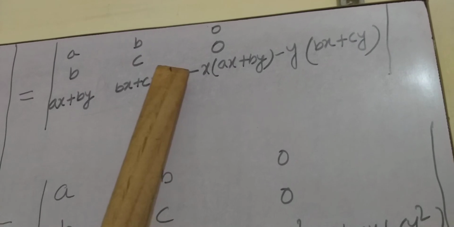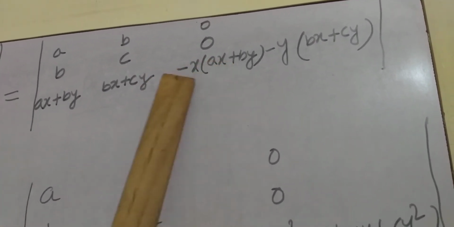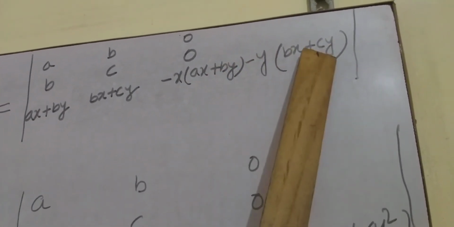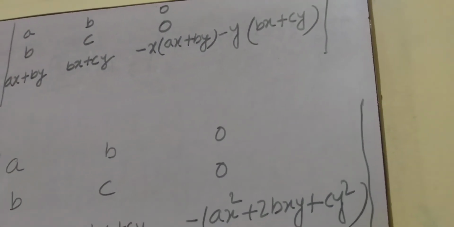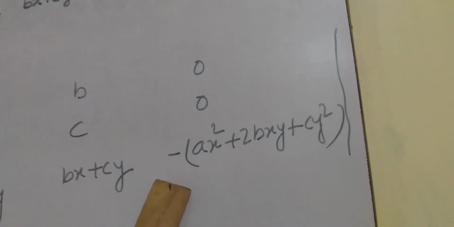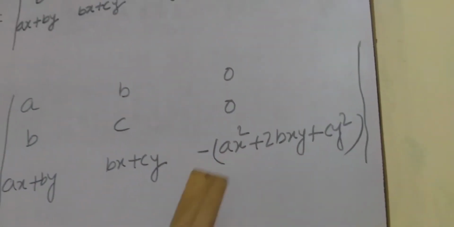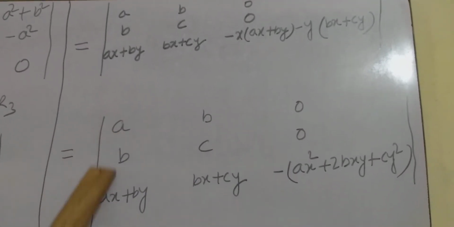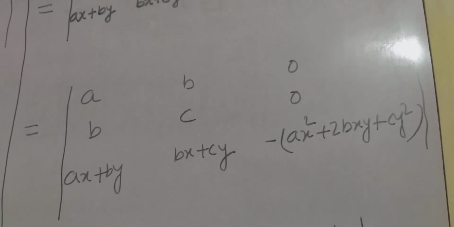Open the bracket: minus ax square minus bxy minus bxy minus cy square. If we take minus common, then we get minus ax square plus 2bxy plus cy square in bracket. And this part: first column as it is, second column as it is, third column changed by using this property.